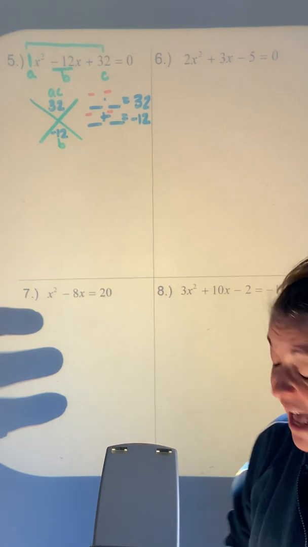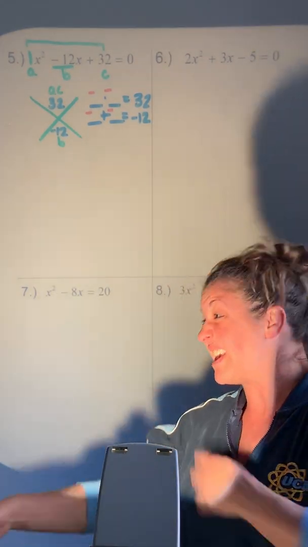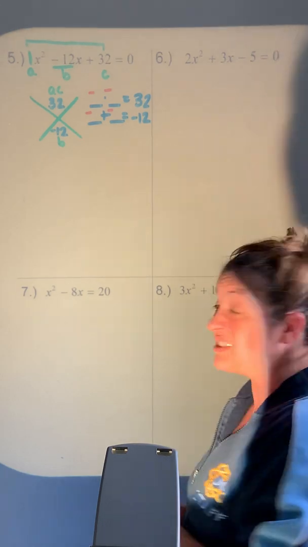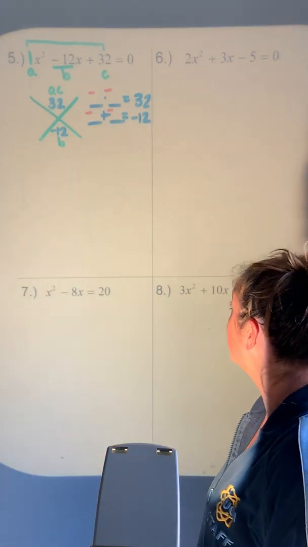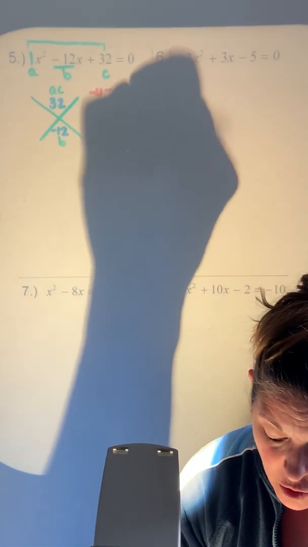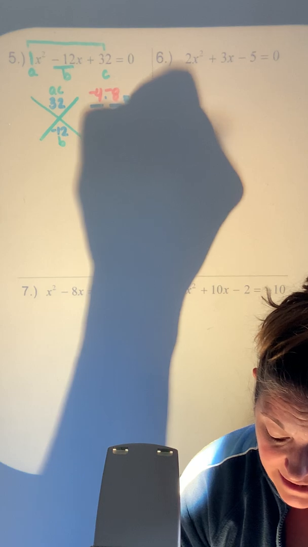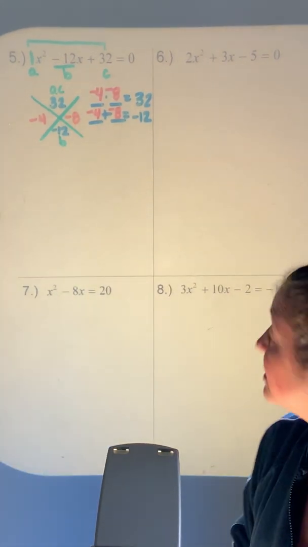Because we know that a negative times a negative is a positive, and if I take a negative and add more negatives to it, I'll still keep my negatives. Use your calculator if you'd like, but the 2 numbers that will work here will be a -4 and a -8. So -4, -8.